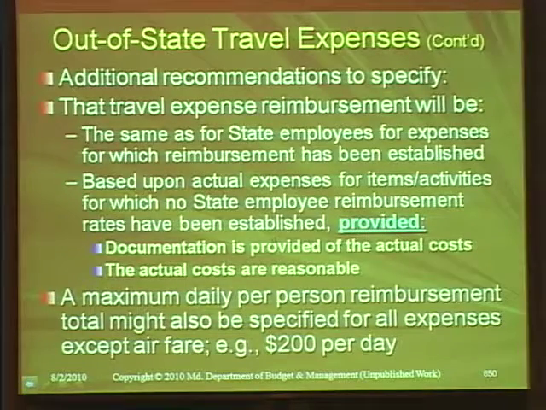And the reimbursement has been established for meals and hotel rooms for some locations, and I think car rental mileage. But there's a lot of things that there are no specification for state employees, so you can't say they're going to be bound by something that doesn't exist. But you say where there are reimbursement rates, that's what they'll be paid for.